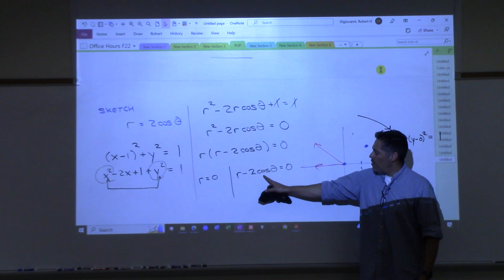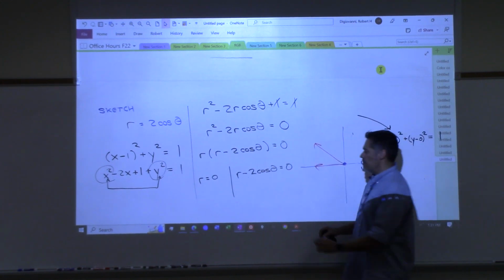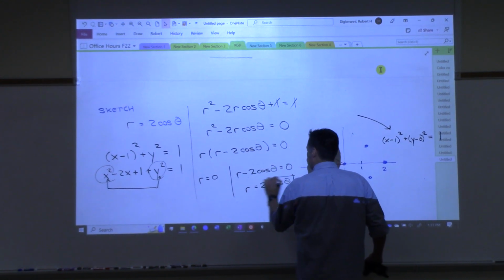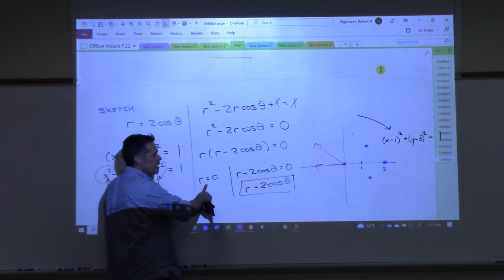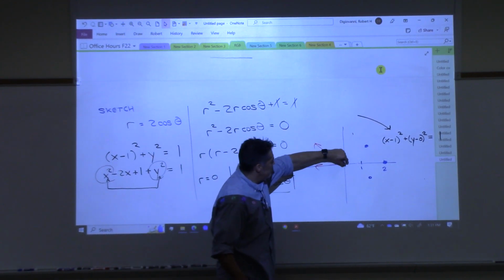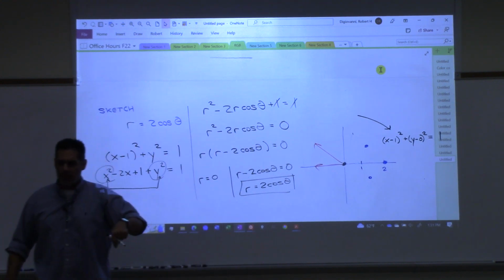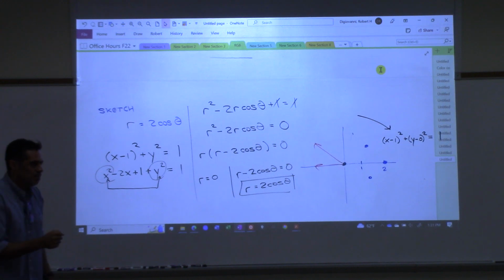And if you move the 2 cosine theta to the other side, you get the equation, don't you? There's the equation. This, r equals 0, is just the origin point, right? That's all it is. If I say, hey, r is 0, then you're talking about the origin. It's a point where the radius, we walk out, it's 0.